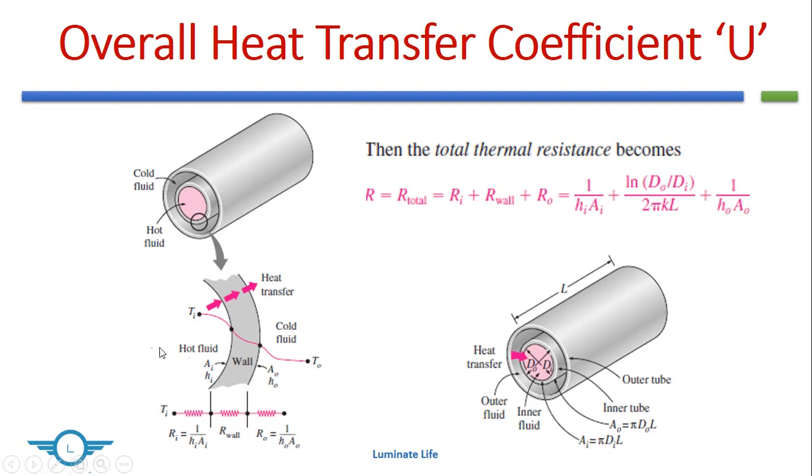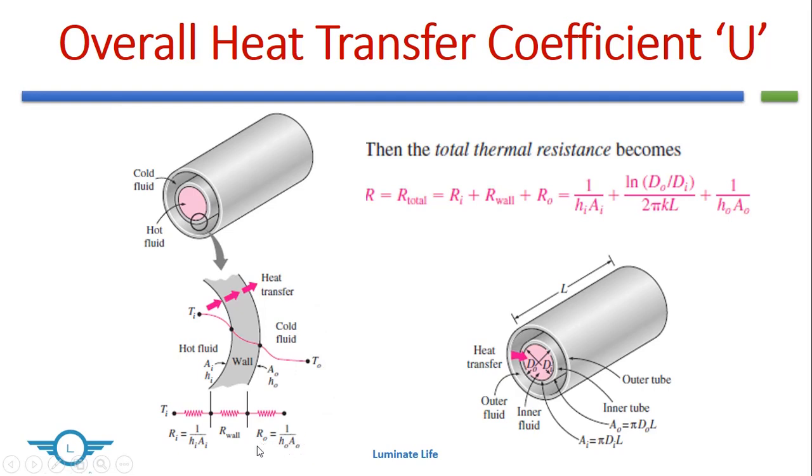The first one is the inner resistance, which is the convection resistance given by 1 by HiAi. Then there is a wall, which is nothing but a hollow cylinder, so there will be conduction resistance for the wall, and then there will be another convection resistance in the outer section, R0 given by 1 by H0 A0.